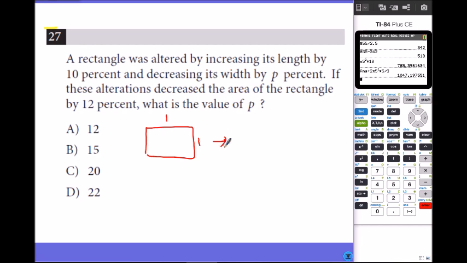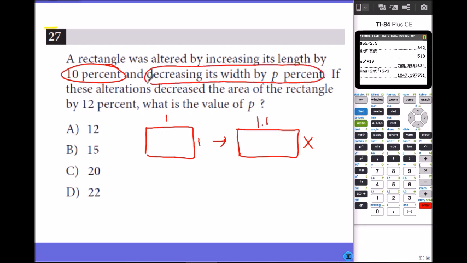Now the length is increased by 10%, so that means it is now 1.1. And p, I don't know what p is, so let me just call this x. Whatever the difference is will be p, because it's asking how much it decreased by, right? The area was 1, and now the area is 1.1 times x, length times width.